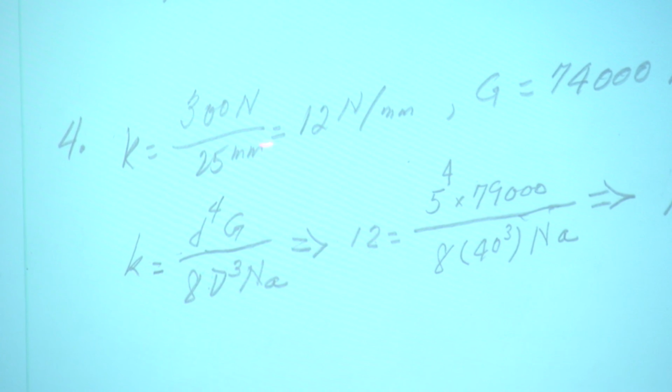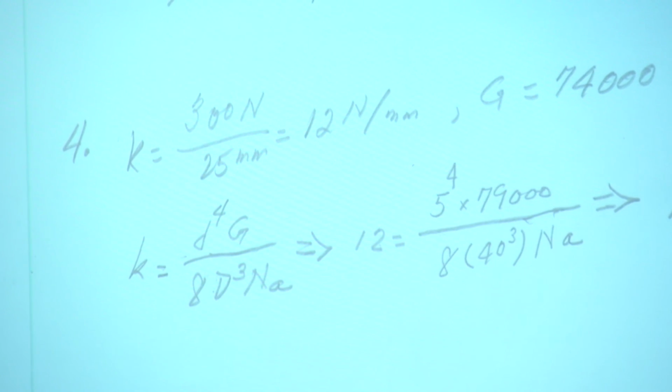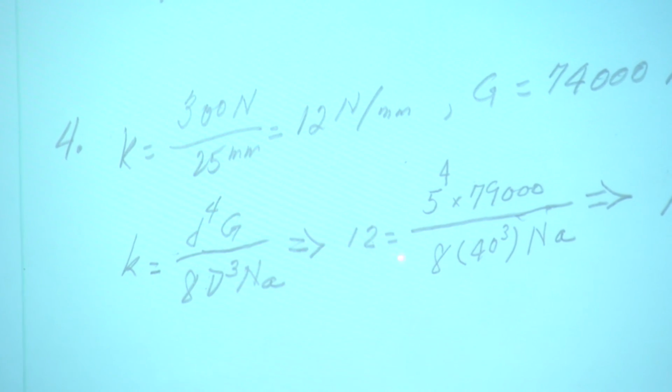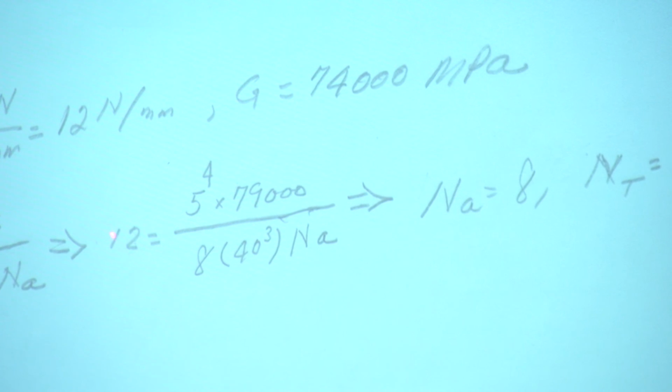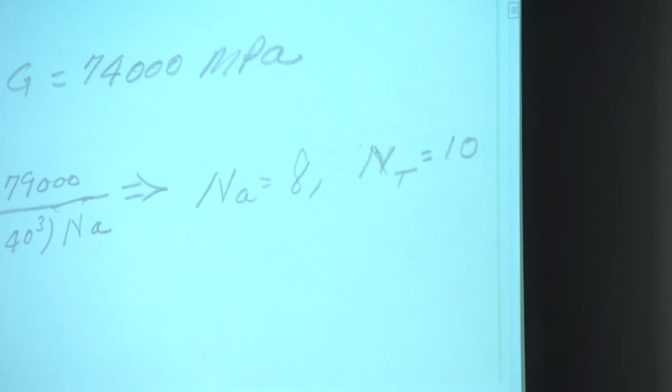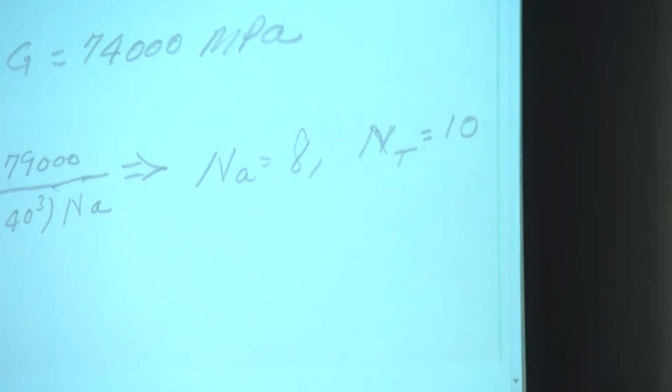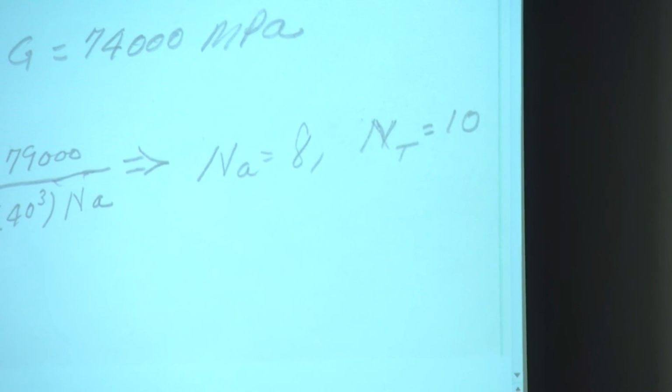So change of load, change of deflection. And then we have K. We find Na. It's squared and ground, so the total number of coils is 10. One dead coil at each end.